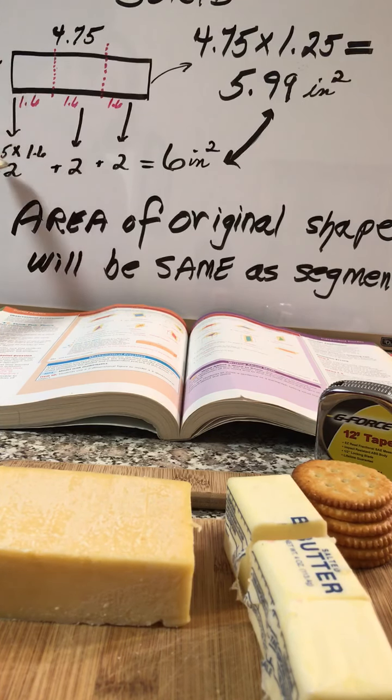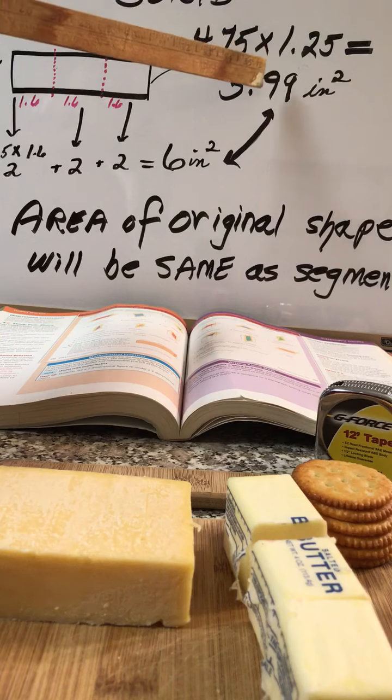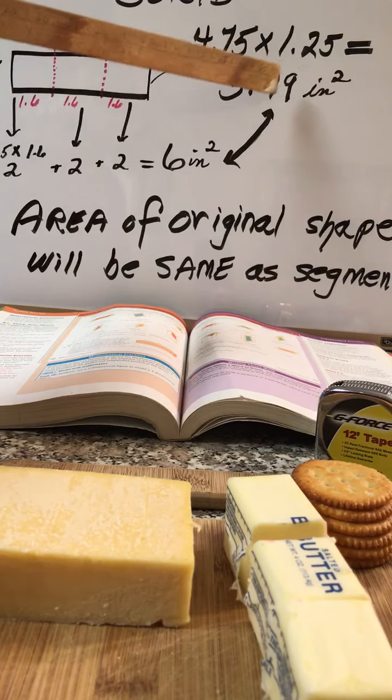Okay, 1.25 times 1.6 equals 2. Came out even. This will be the same. 1.25 times 1.6 is 2, and again 2. 2 plus 2 plus 2 equals 6 inches squared. We are only 1/10 of an inch off.